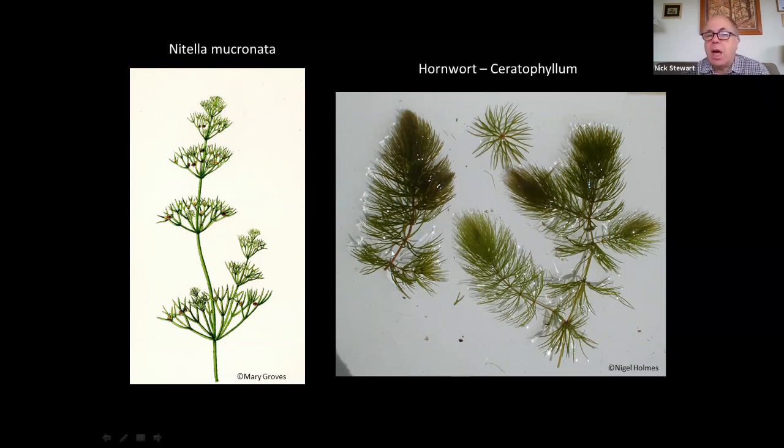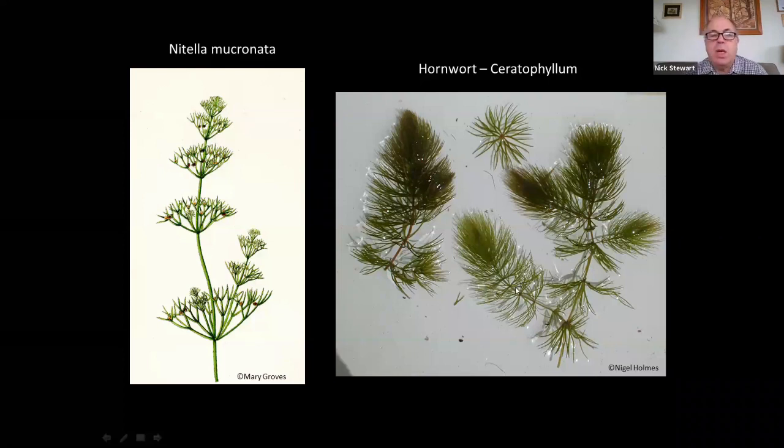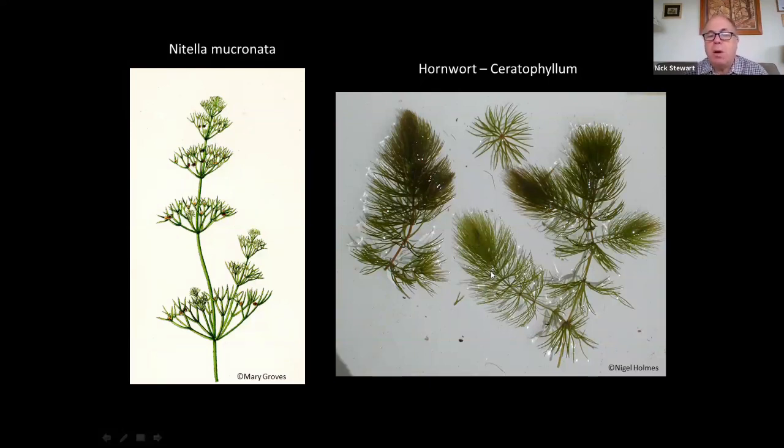Completely different cell structure, and we'll have some close-ups of Nitellas, and you'll see that it's a very simple cell structure, whereas hornwort has a much more solid, opaque cell structure, much smaller cells. And the other thing about hornworts, which you can't see in this picture, is that they have little spiny teeth all the way up the leaves.